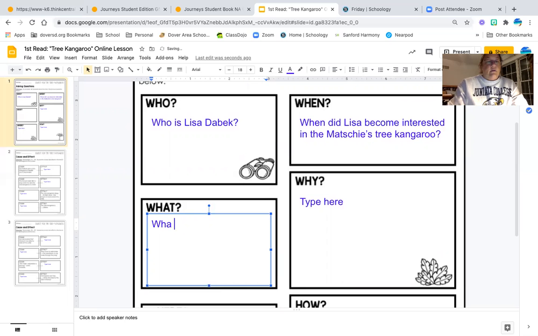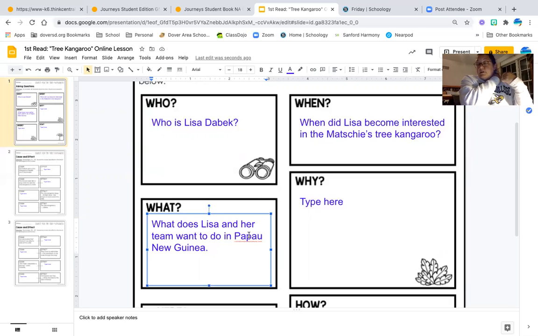What does Lisa and her team want to do in Papua New Guinea? And I heard her say that they want to track and put a collar on the Matschie's tree kangaroo so that they can learn more about them.